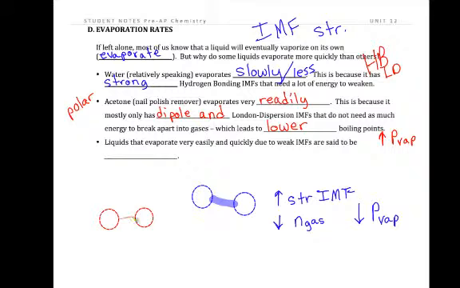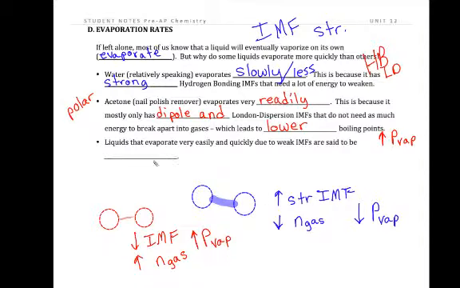So the attraction between the two molecules is weaker, and so as we decrease the intermolecular force strength, more molecules will go to gas phase, so I'll get more moles of gas, and I'll have a higher vapor pressure at any given temperature. So the vapor pressure of acetone is going to be higher than the vapor pressure of water at any given temperature.